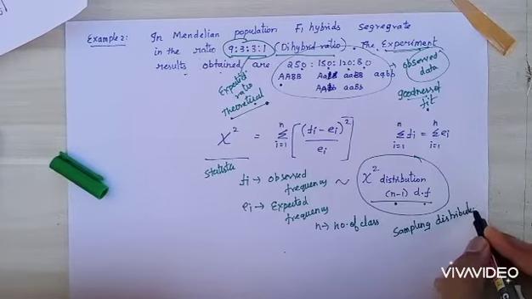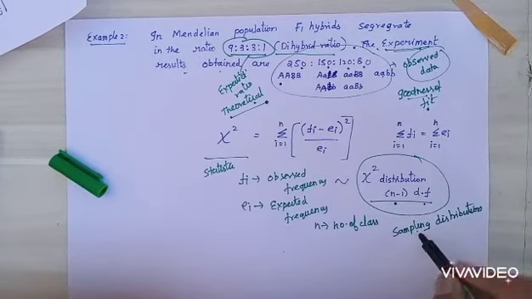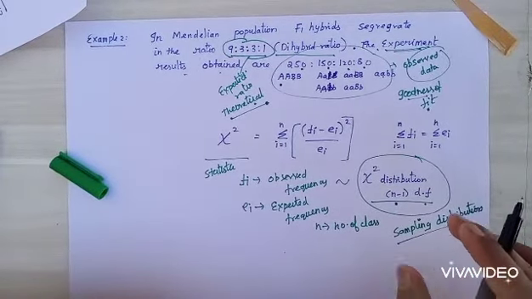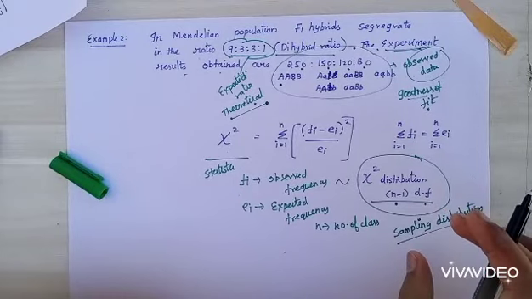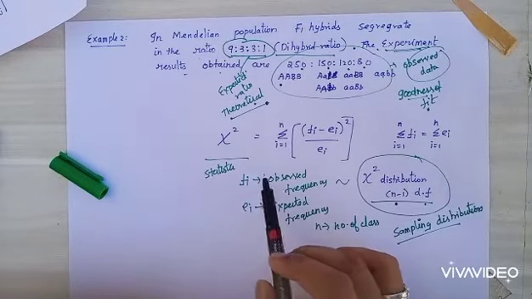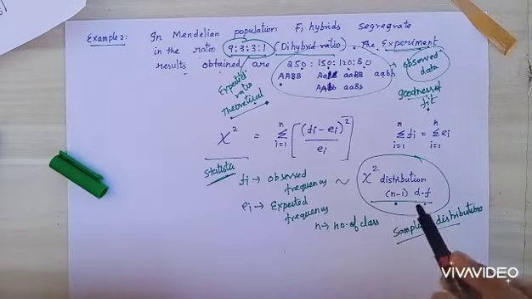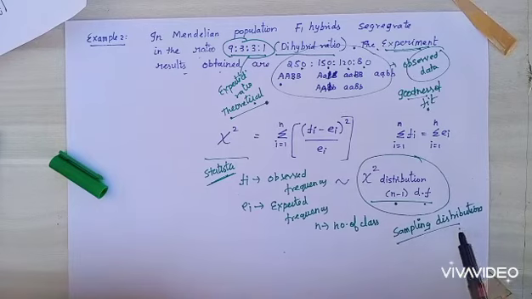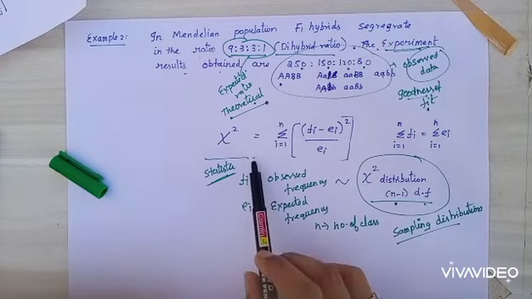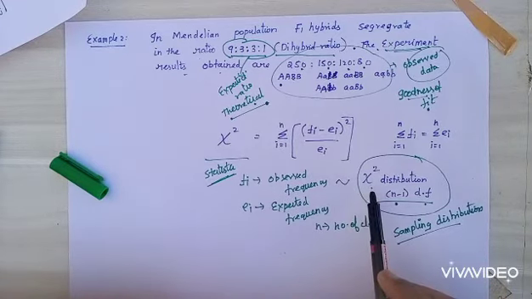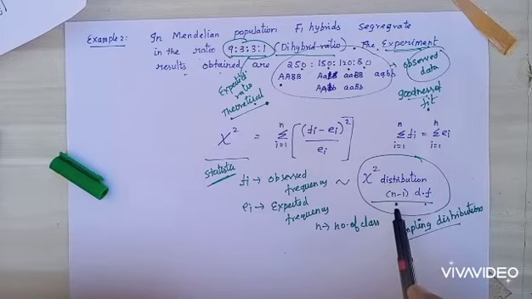We are saying sampling distribution because we are finding the frequency distribution of a statistic. So this chi-square statistic will follow the chi-square distribution with n minus 1 degrees of freedom, where n means the number of classes.